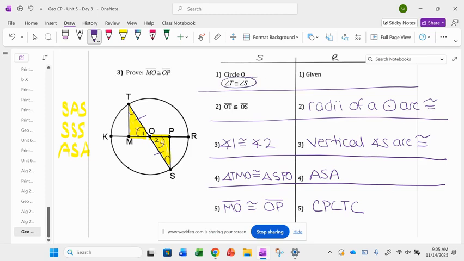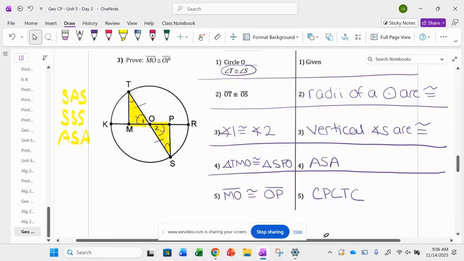See right there. Can somebody explain to me how we use CPCTC or when to use CPCTC? Stella? Good. After we prove triangles are congruent, we could then say any pair of sides or any pair of angles that match up or correspond are also congruent, as long as they're inside the triangles.